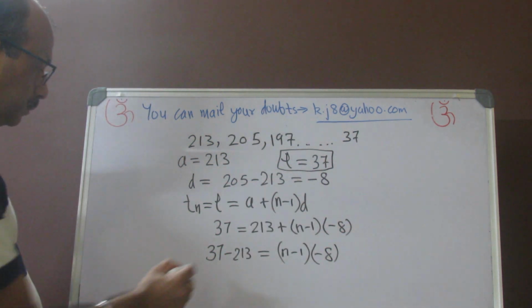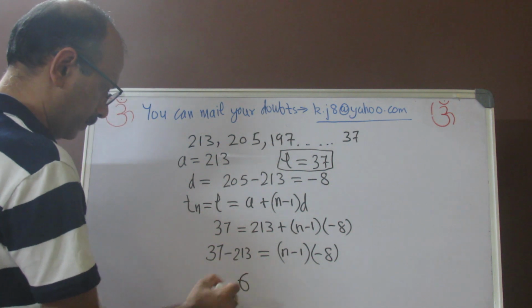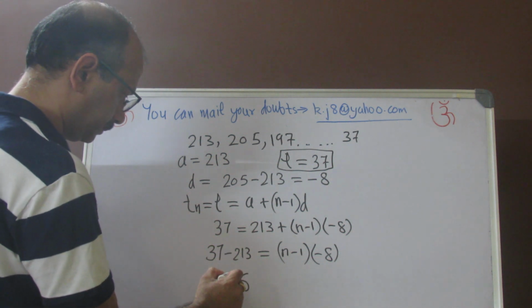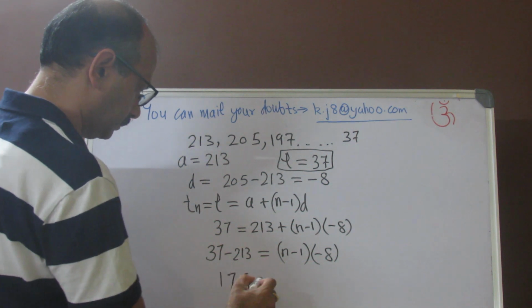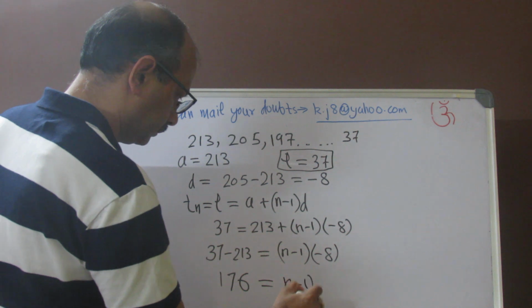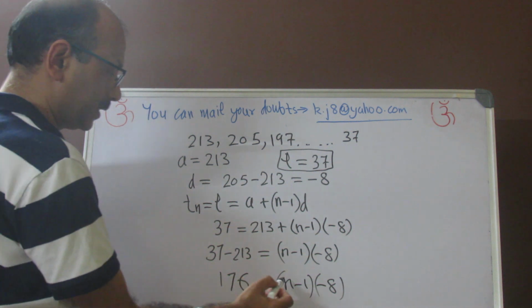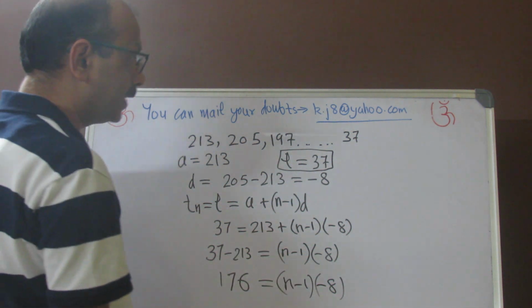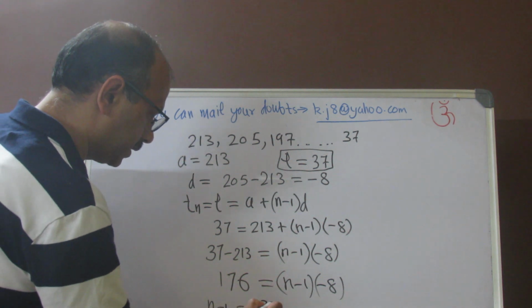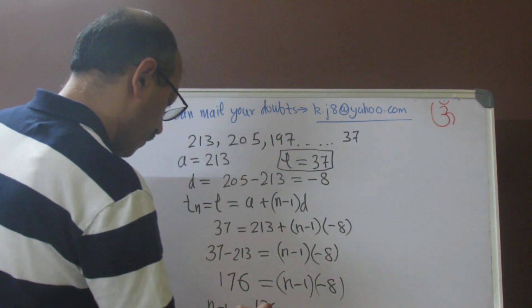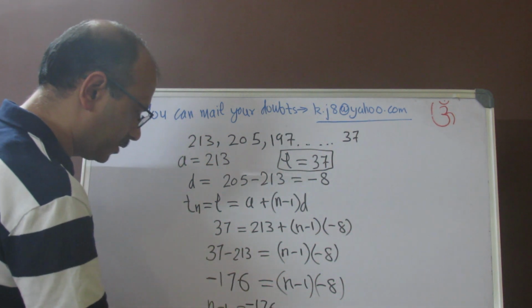Now 37 minus 213 gives us minus 176. So we get minus 176 equals n minus 1 into minus 8, and then n minus 1 equals minus 176 upon minus 8.